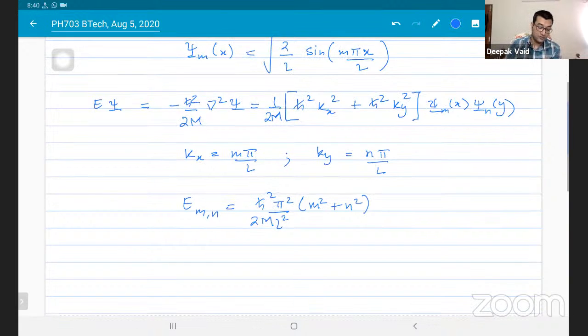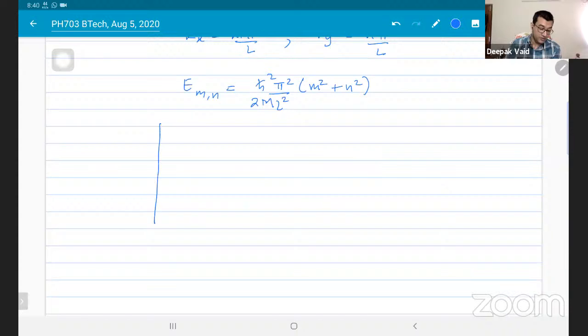Now let us make a plot of this in the m n plane. m and n are both integers, so m is equal to 1, 2, 3, and n is 1, 2. First of all, what will be the lowest energy?